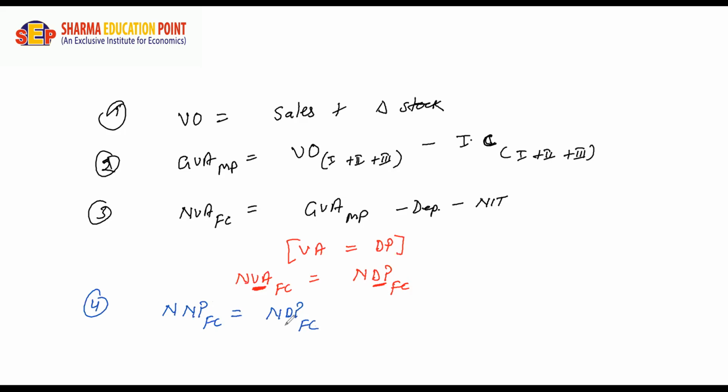You are observing that here it is D and we have to make it national. So domestic to national goes plus NFIA. This is the formula to get national income by value added method. So if you want to get national income by value added method, then follow these steps.